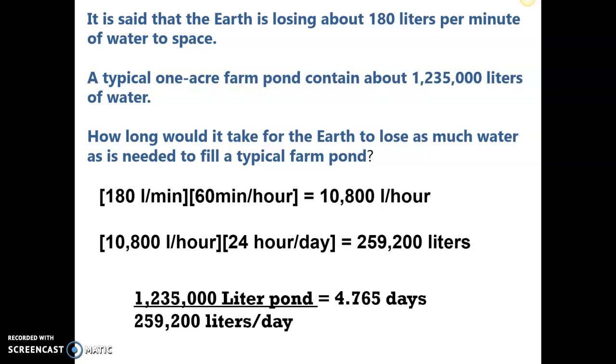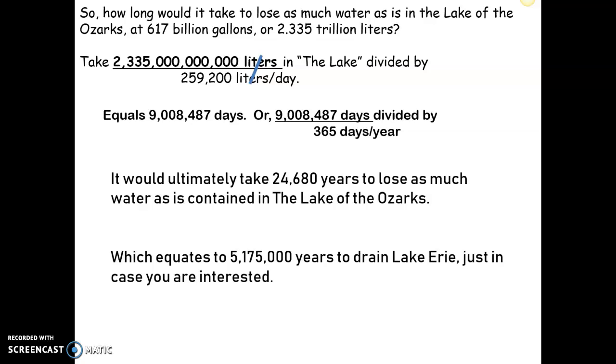Dang shooby-doo. So, how long would it take to lose as much water as is in the Lake of the Ozarks? Okay, that's a pretty big lake. Most of you been there? There's 617 billion gallons of water, or 2.335 trillion liters of water. Convert gallons to liters.